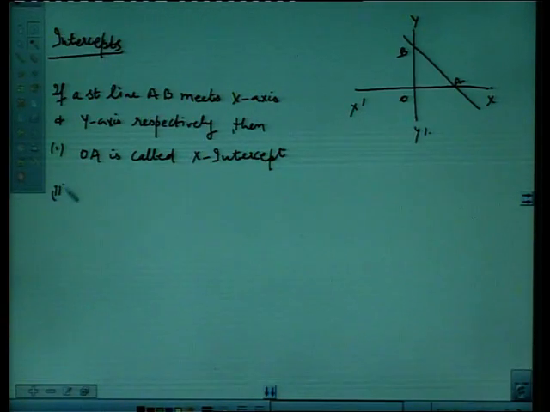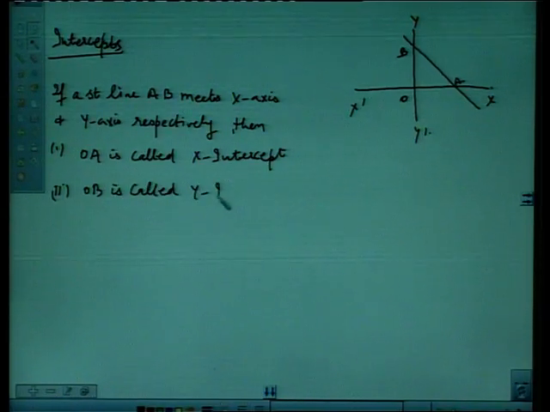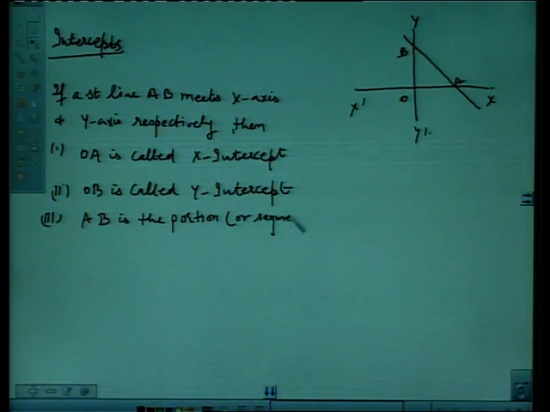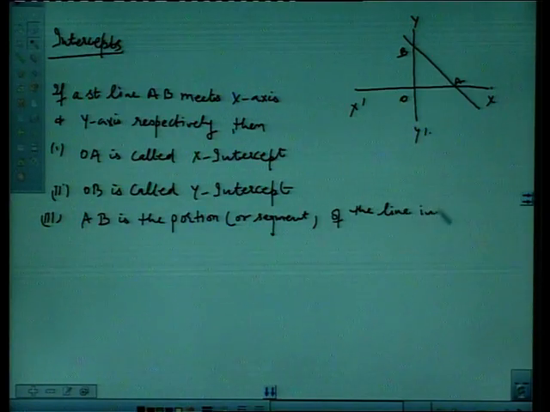Number 2, OB is called y-intercept, and number 3, AB is the portion or segment of the line intercepted between the axes.